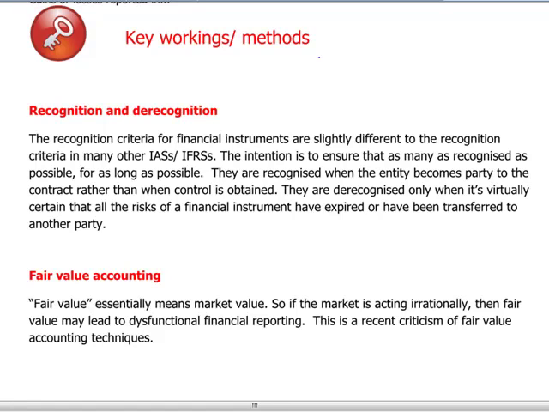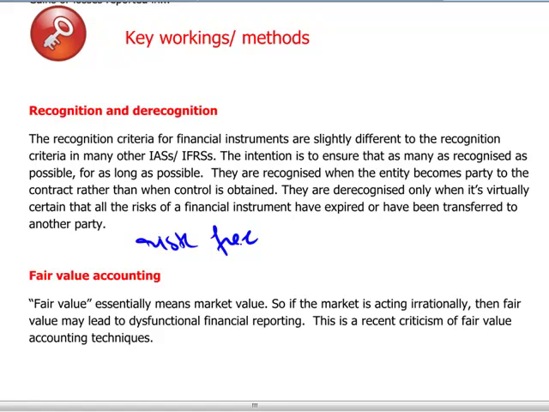So when the entity becomes a party to the contract, this is when the financial instrument will be reflected in the financial statements, not when the actual control is obtained. They will be derecognized when the company is virtually risk-free, meaning the risk of the financial instruments either has expired or has been sold, transferred to another party.